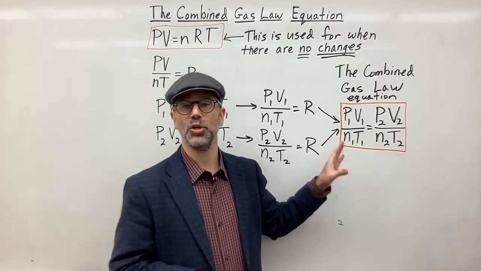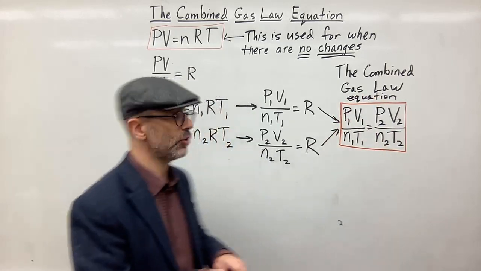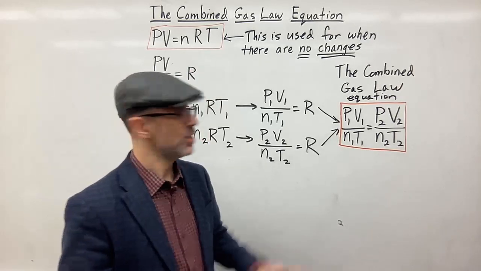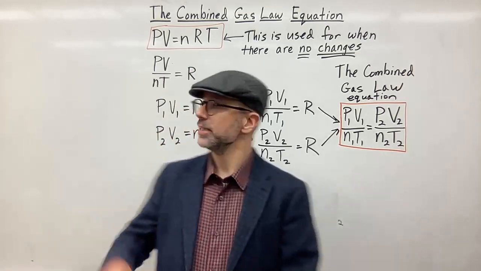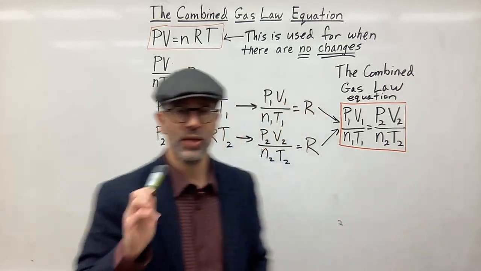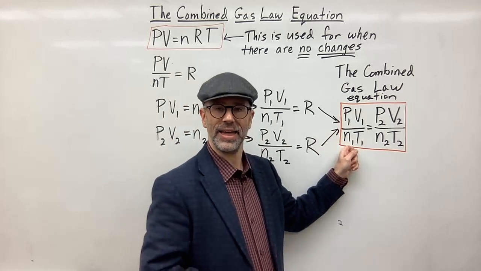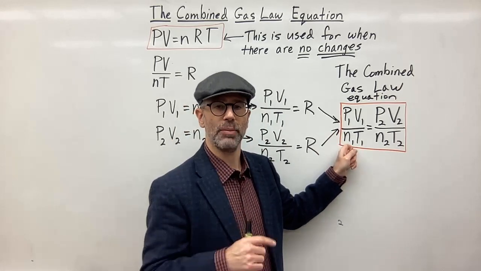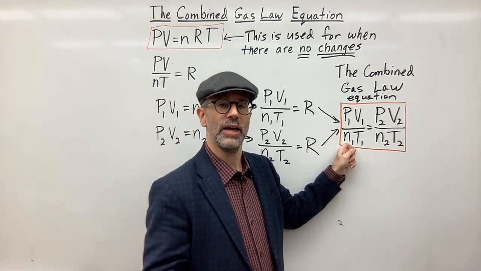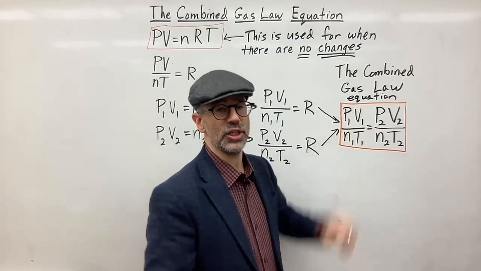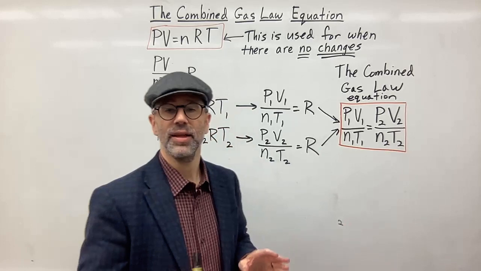So anytime you're using this, and also the ideal gas law, of course, temperature is in Kelvin. So temperature's in Kelvin here, and temperature's in Kelvin here. That's the only one you have to remember. And you probably want your gas to be in moles. If they don't give you moles, you probably want to convert that to moles. But pressure and volume can be in whatever unit they give you.